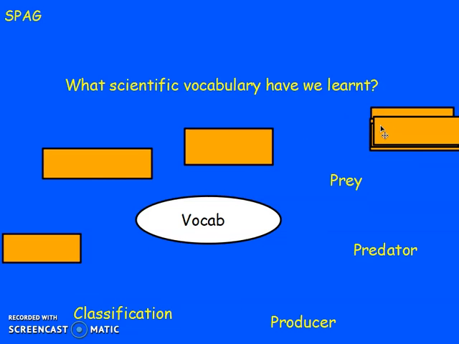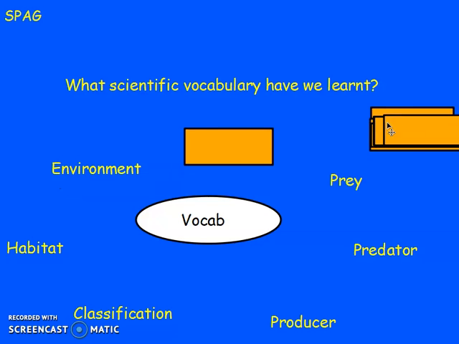We also have classification, so how animals are classified, what groups we can put them into. We've also learned habitat, so where animals live, and environment, similar, and species. You might have also said you learned about omnivores and herbivores and carnivores and lots of other things as well.